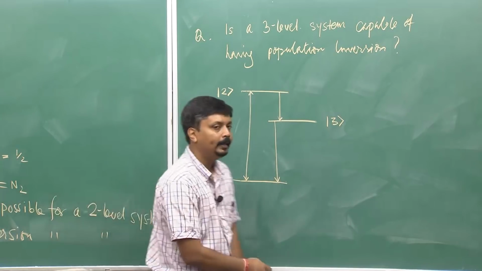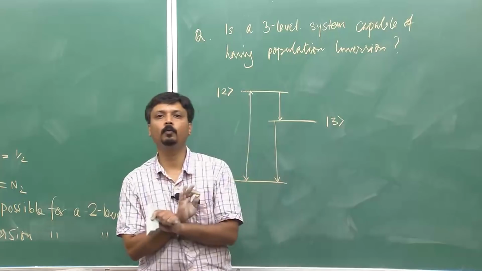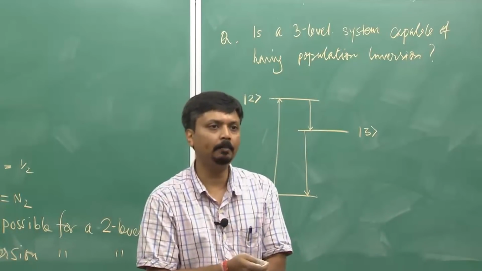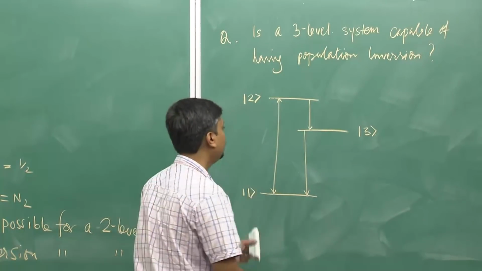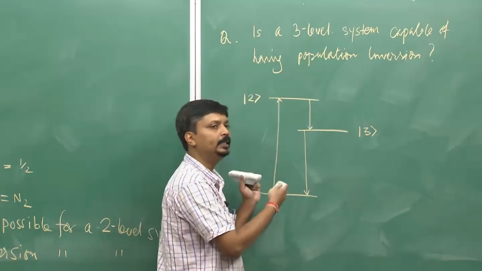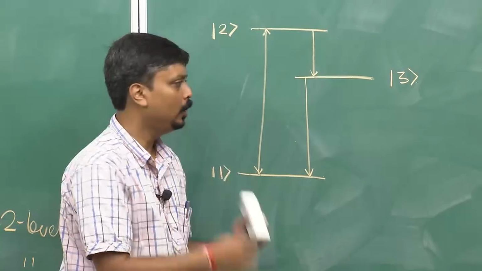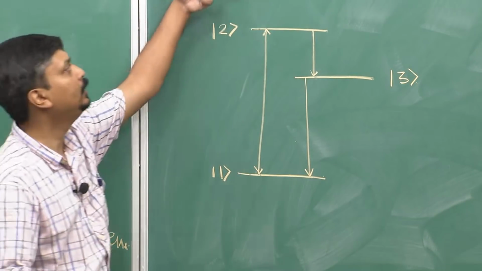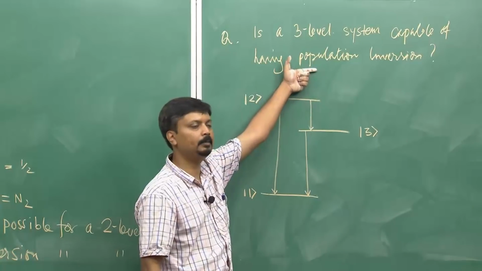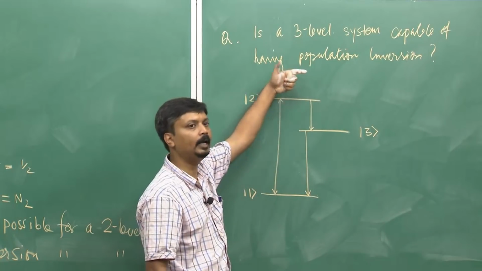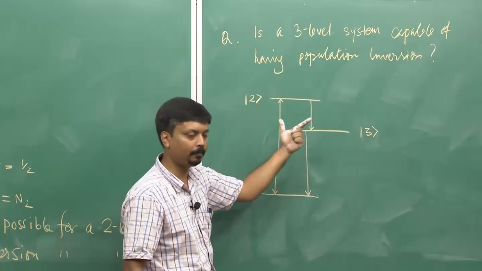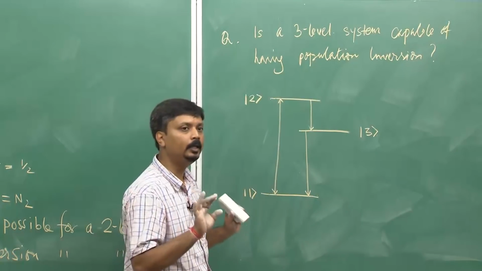Now, whether the stimulated emission will dominate over spontaneous emission will tell me whether I can have a laser using a 3-level system. Okay. So, let me answer you first whether this 3-level system can act as a laser, can it give population inversion? The answer is yes, it can under certain conditions.